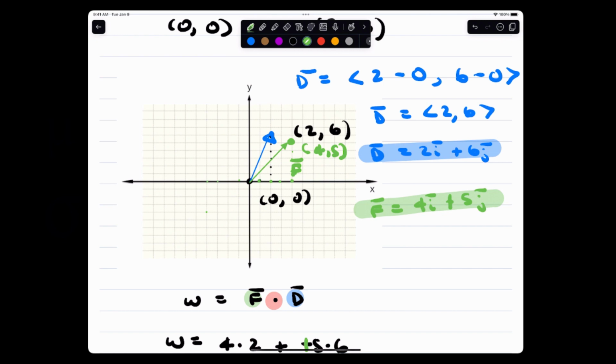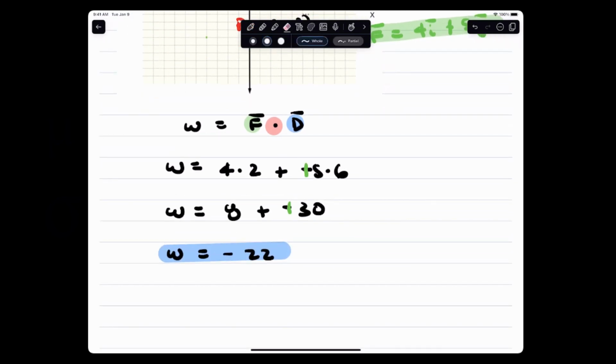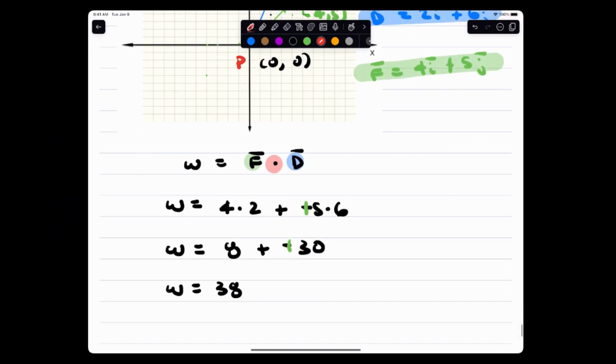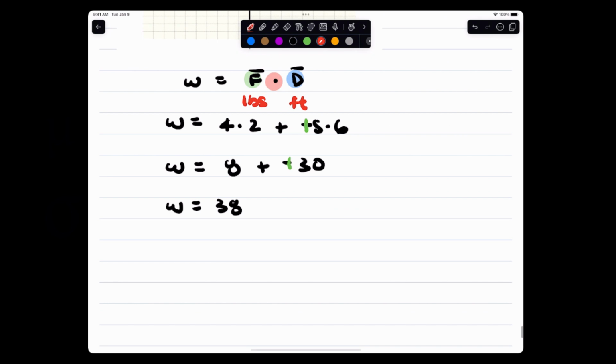So you can have your object here, P. So that means now your work's going to be 38. Okay? Now you might say, if the force is in pounds and the distance is in feet, they call that foot-pounds.